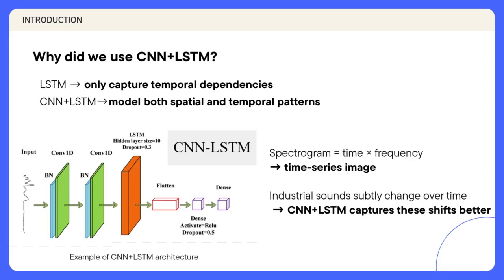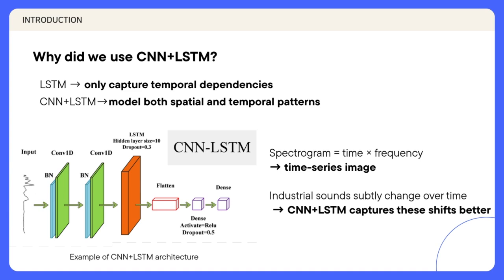Because a mel spectrogram is a time-frequency image, and industrial machine sounds change their frequency distribution subtly during failures, the CNN LSTM can help in two ways. First, the CNN captures spatial features of which frequency band strengthens or weakens.